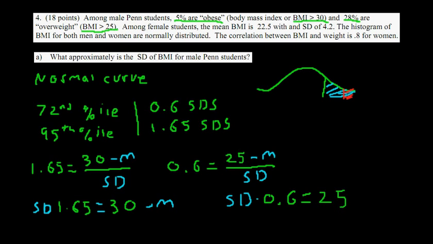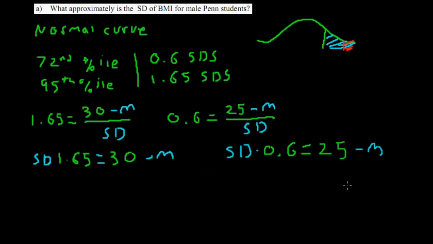25 minus the mean. So we can just subtract these two equations from each other, right? We don't really care about the mean. So if I take this equation and subtract this equation from it, the means cancel. And so what I wind up with is SD times 1.05 is equal to 5.